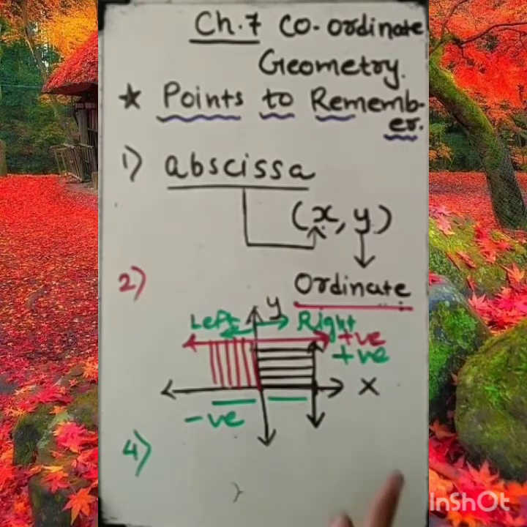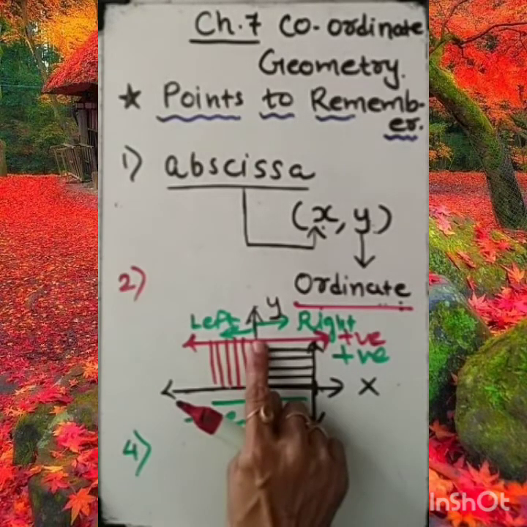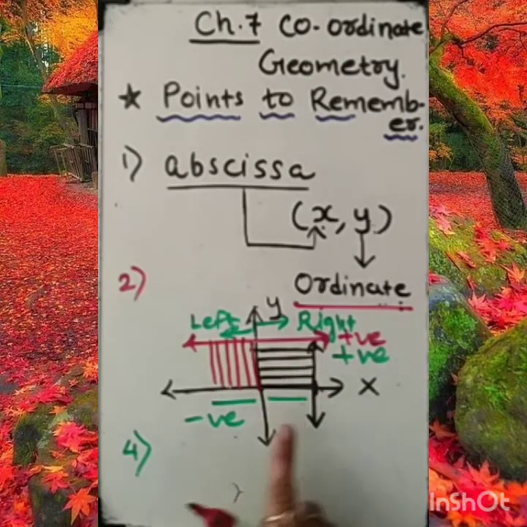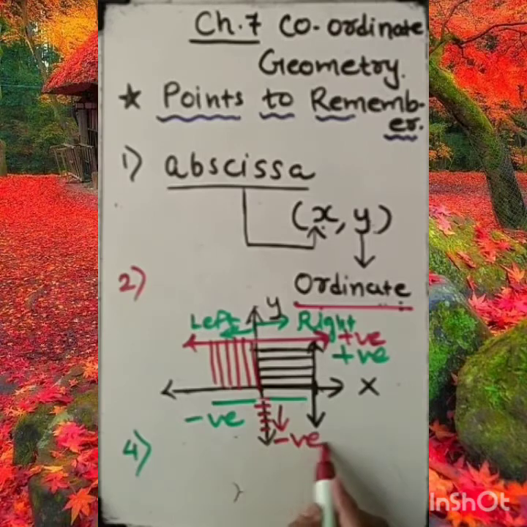So we need to mention that the ordinate of every point situated above the x-axis is positive, and below the x-axis, if I am coming down, of course it will be negative. Below the x-axis, that is negative.